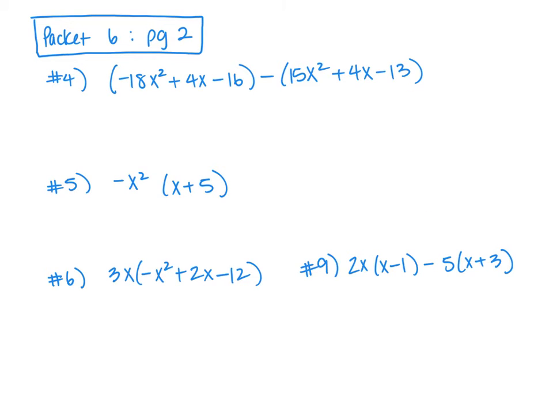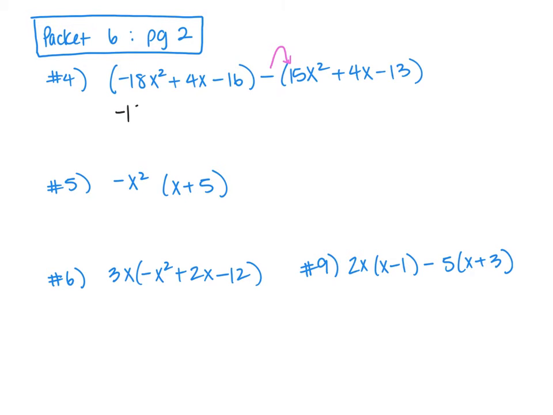So here I have problem number 4, and you're subtracting these two parentheses. Whenever we're subtracting parentheses, we actually want to distribute the negative sign first. In this case, there's a minus sign in front of one, whereas this one here doesn't have anything in front of the parentheses. So this one gets brought down without the parentheses.